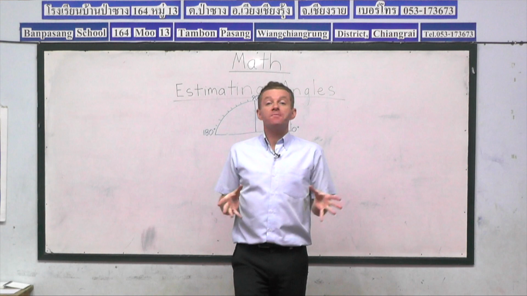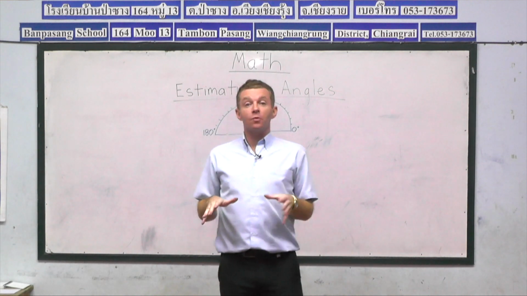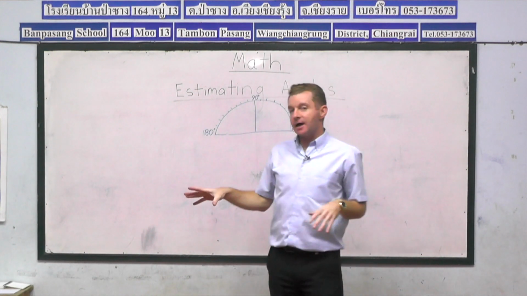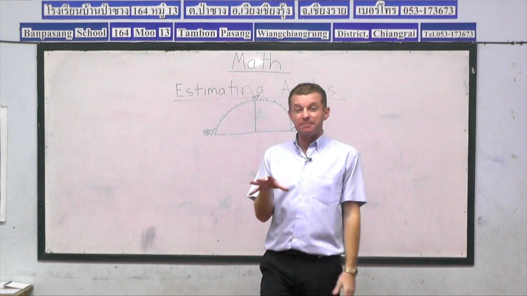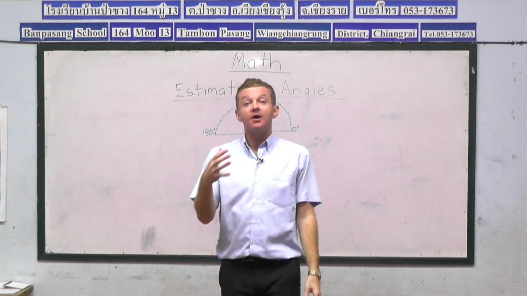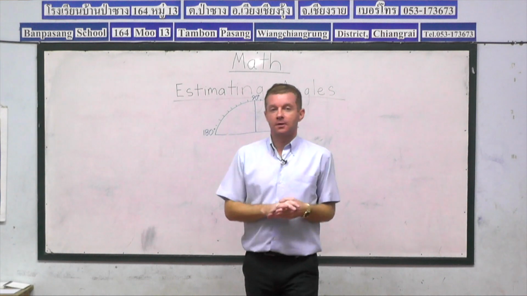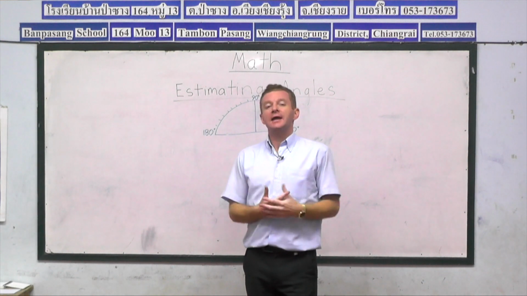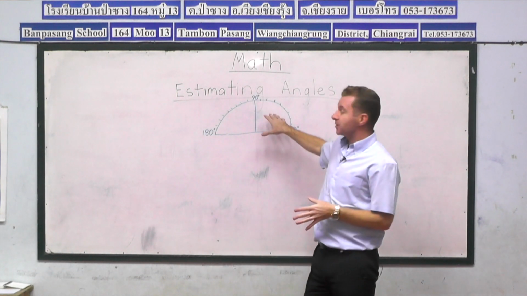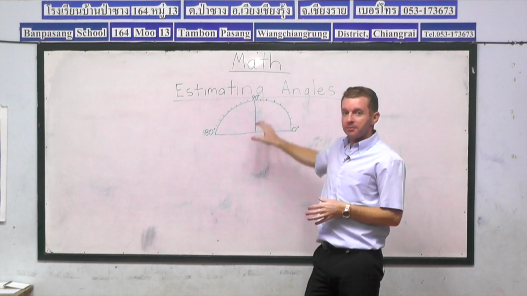Okay, so now it comes to the part of the lesson where we're going to do a board exercise for our students to estimate the different sizes of the angles that I will draw. Now, because our students are learning how to estimate, we will leave the protractor on the board to help them.